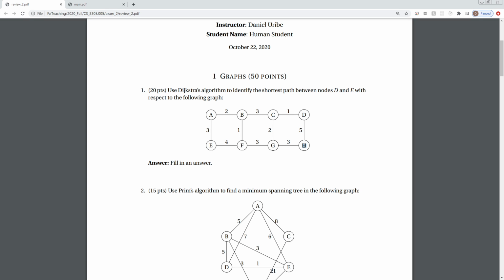So H is now considered to be solved, and so the next node up would be B, and then G, and then A, and then F, and then E. And so along the way, you have to maintain and update these shortest paths, and then always considering what has actually been solved, and then iteratively increasing it. Now, what I'm going to encourage you to do is refer to the code that's already been provided to you.